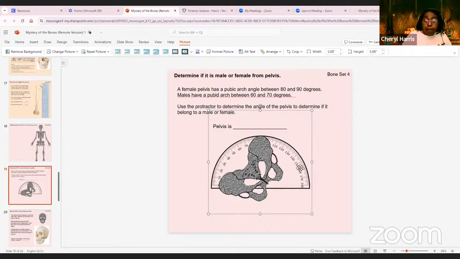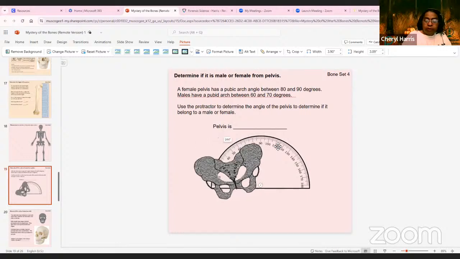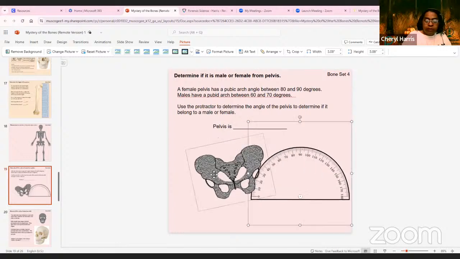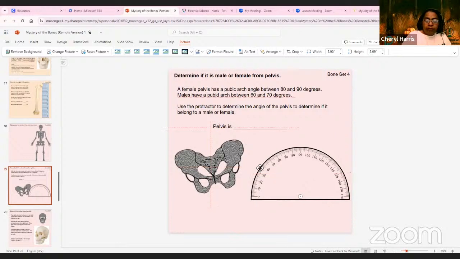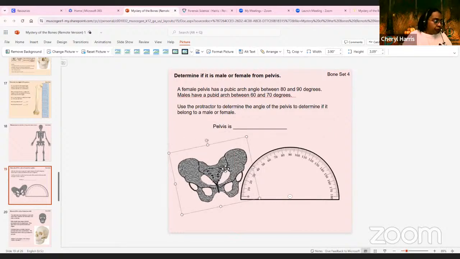And this one is bone set 4 that I'm using as an example. But you can rotate, which is why using the PowerPoint is the best way to do this activity. You can rotate the pelvis or rotate the protractor so that you can measure the pelvis accurately. Okay.